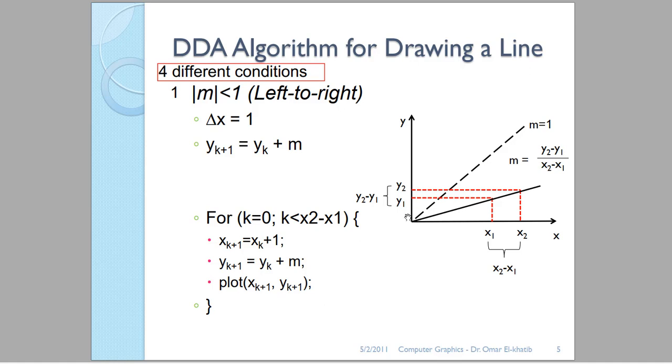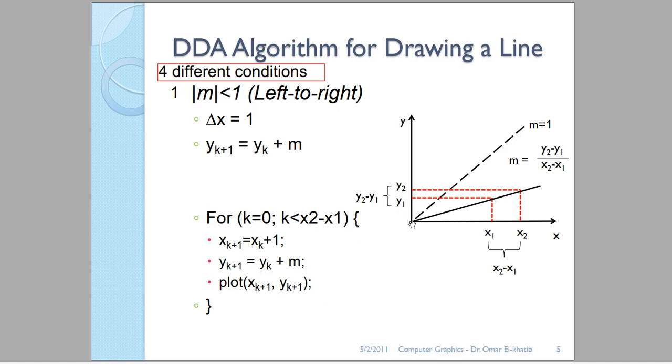Left to right means we consider the left point as the starting point and the right point as the end point, so we start a line from the left going towards the right. The other option is right to left, so we start from this point and go until the left point.